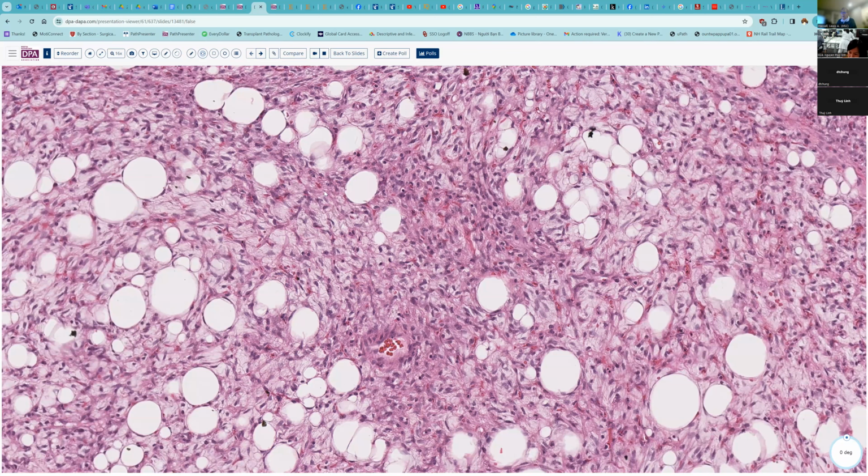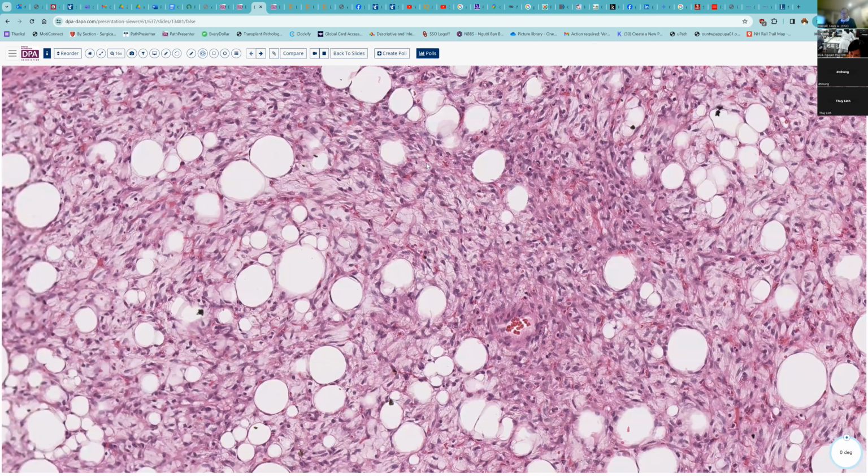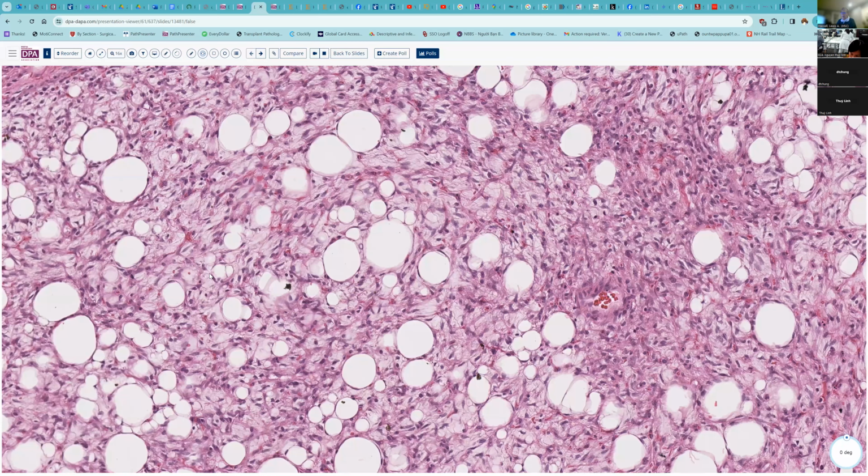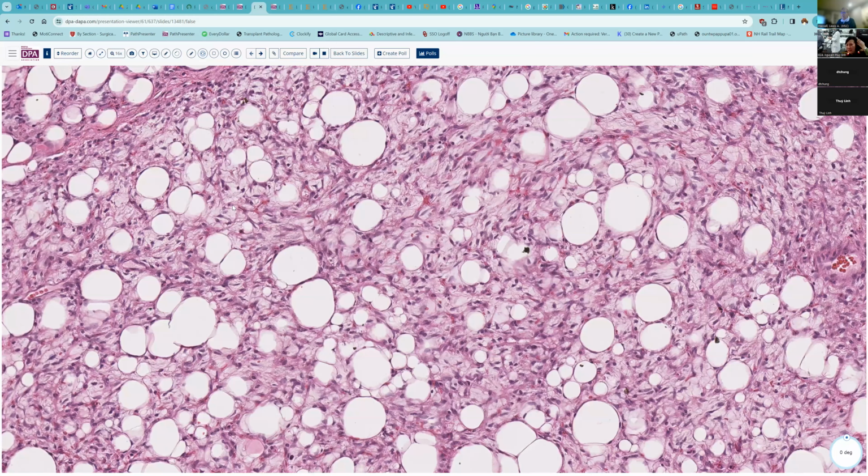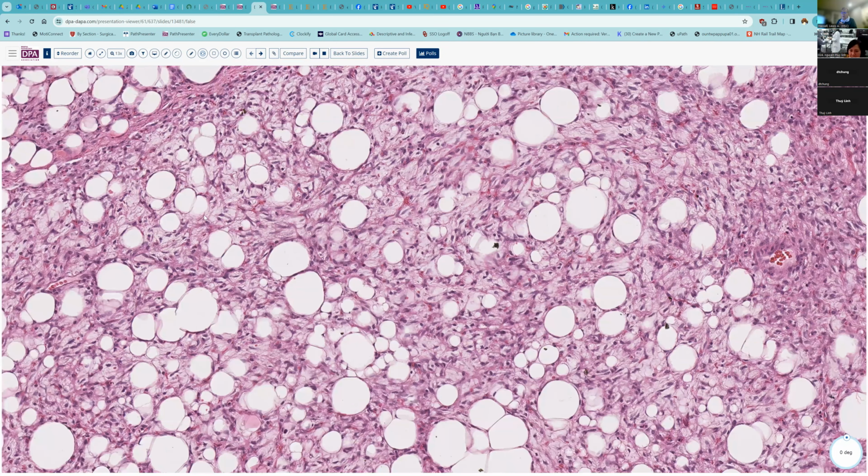We can look around and see some more examples here. Here is another dual bubble. Here's another case, another lipoblast over here. But there's really no atypia and very little in the way of myxoid change here, although this can appear slightly myxoid to some people.